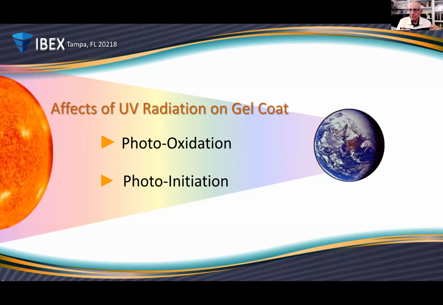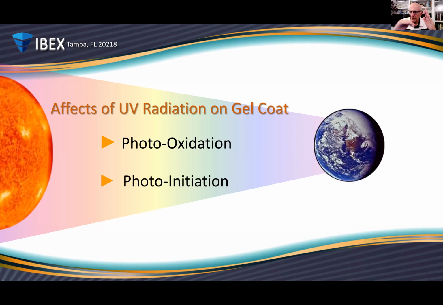There's two effects of UV radiation on gel coat. One is photooxidation. You know what an oxidized paint looks like, an old car, that 1970s boat sitting in somebody's backyard, the red boat that's now pink and nasty looking, that sort of thing. Well, what happens with oxidation is, if you look at the surface, a gel coat or a paint surface, under magnification, it's not perfectly smooth.